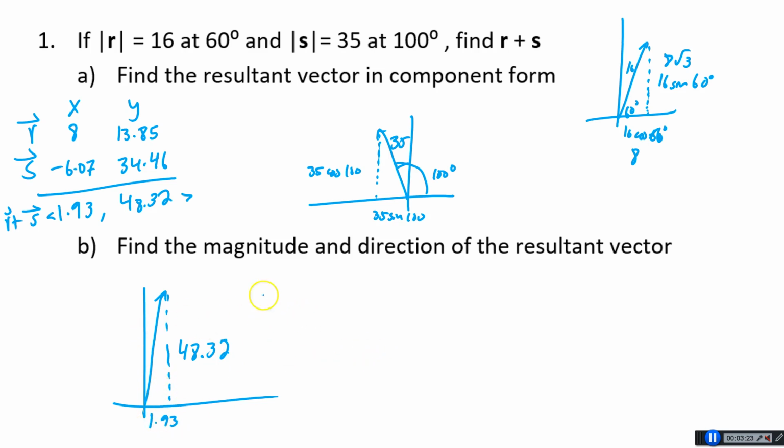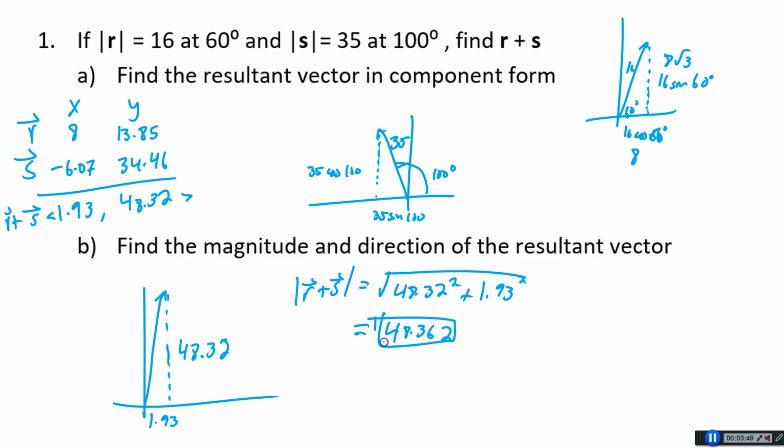So the magnitude of r plus s is going to be the square root of 48.32 squared plus 1.93 squared. Okay, so grab a calculator, crunch that out. Looks like it is 48.362. Makes sense that it's really close to the y coordinate because the y coordinate is what's making up most of this vector.